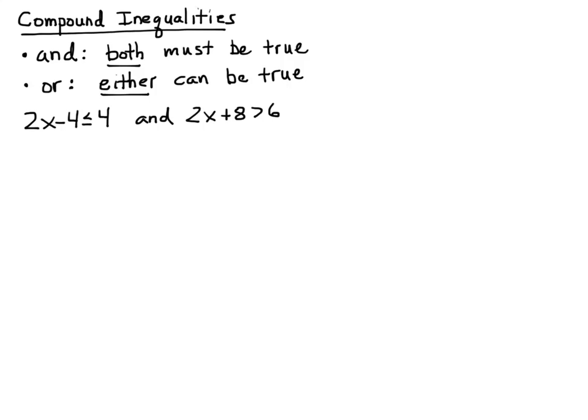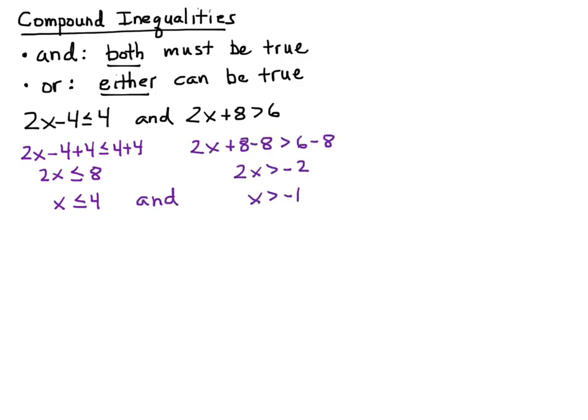And so if I solve them independently here, we have x is less than 4 on the left side, and then I solve the right side by subtracting 8 and then dividing by 2. I have x is less than or equal to 4 and x is greater than -1. Now if you think about that on a number line, it's possible that this is true.